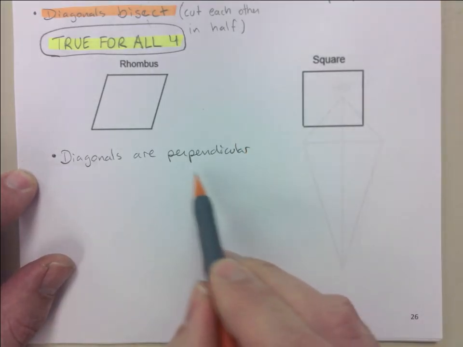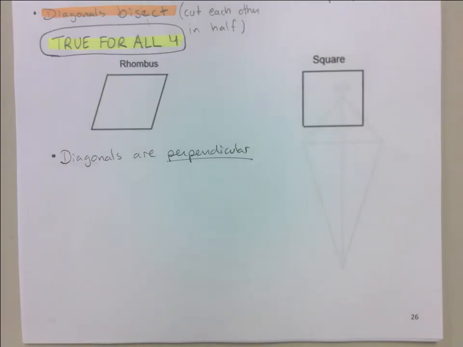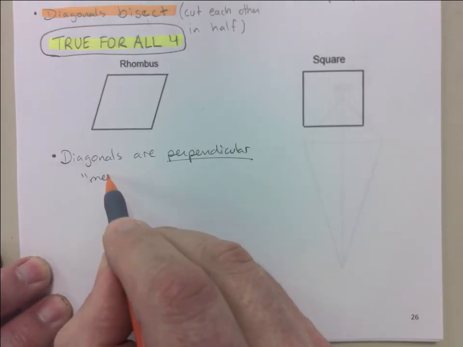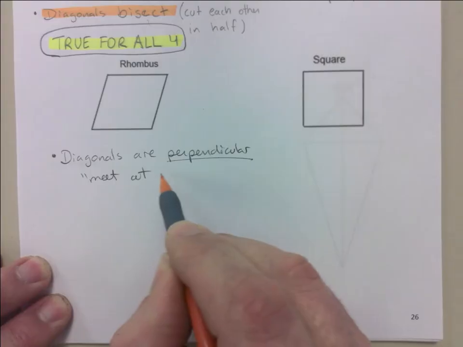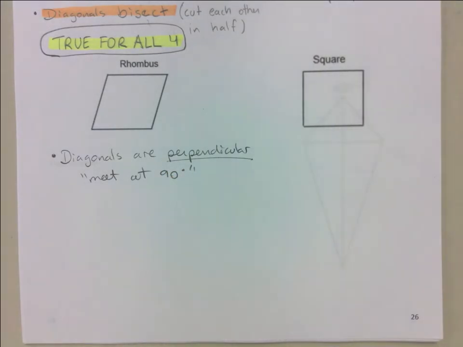What does perpendicular mean? They cross each other at a 90, right? That's what it means. Meet at 90 degrees. That is very, very unique to the rhombus.